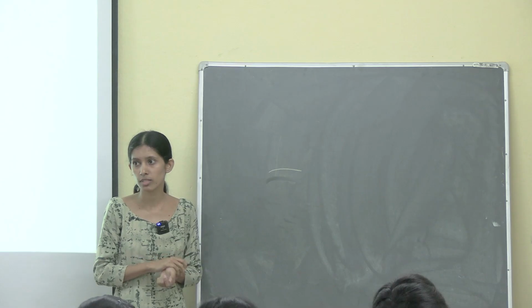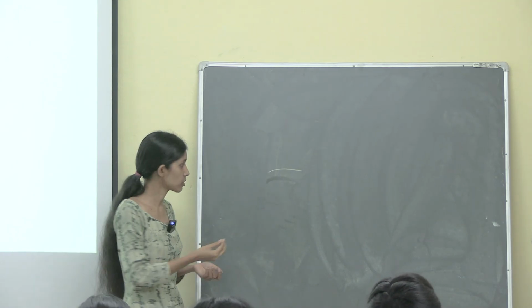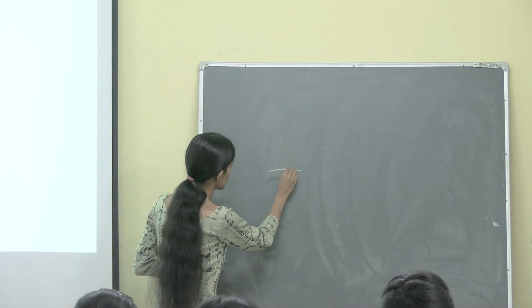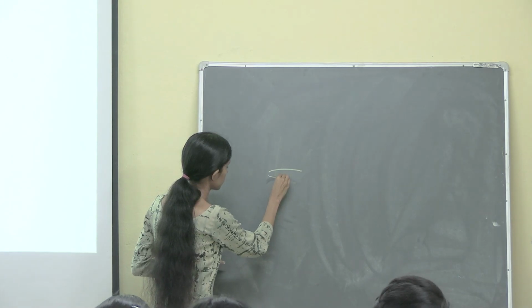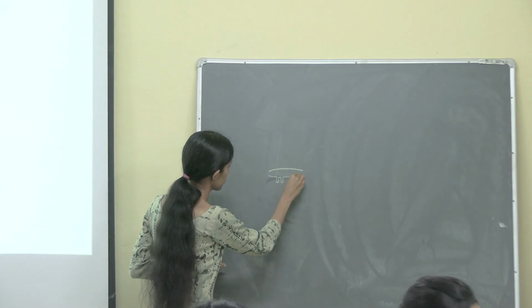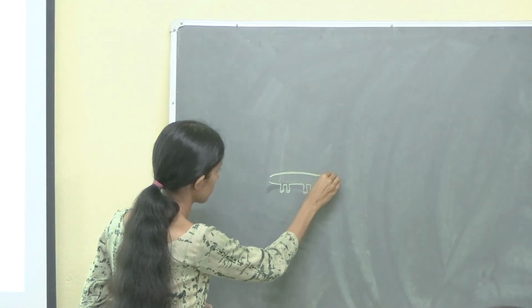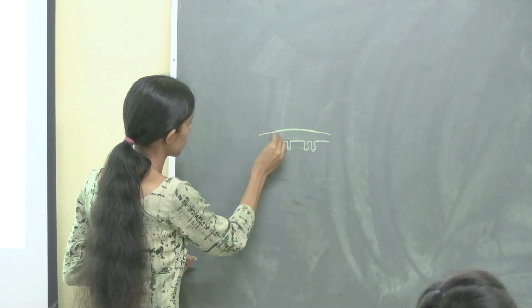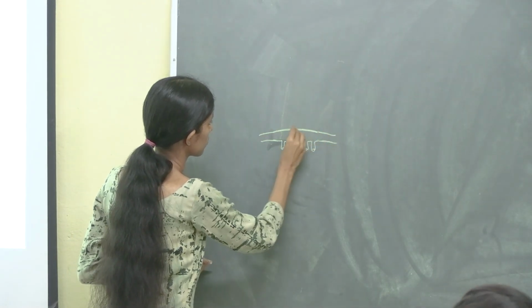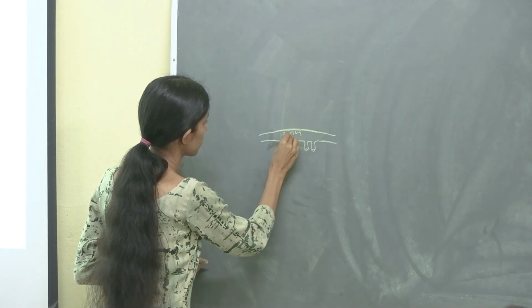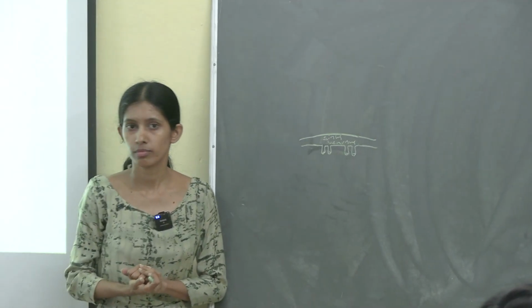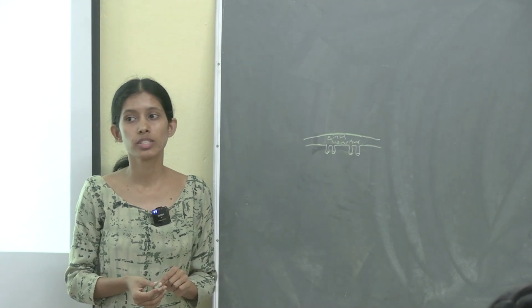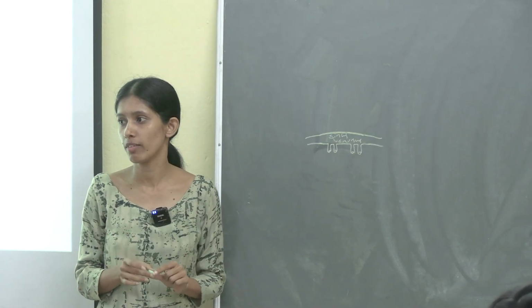What is sinus venosus? Your sinus venosus is the venous end of the developing heart tube.